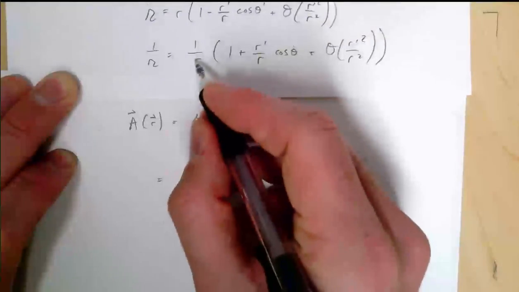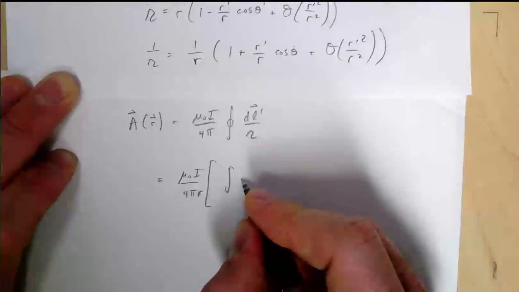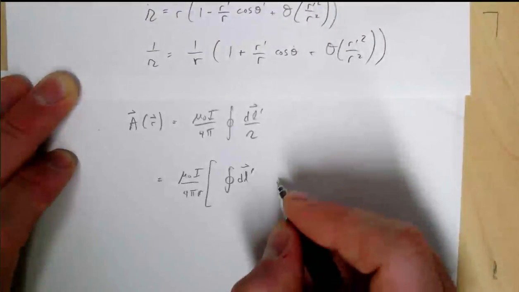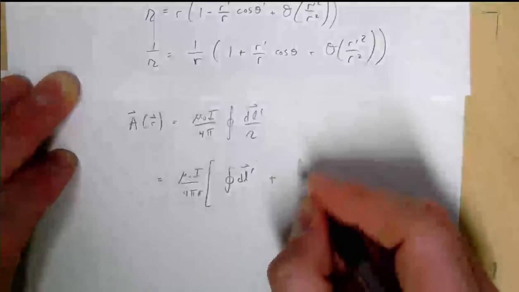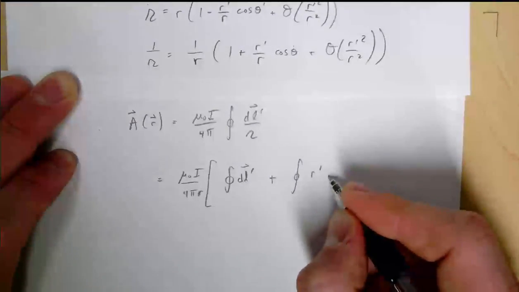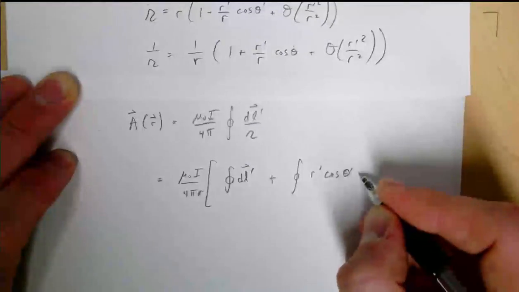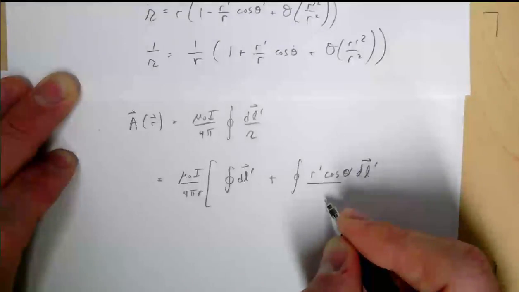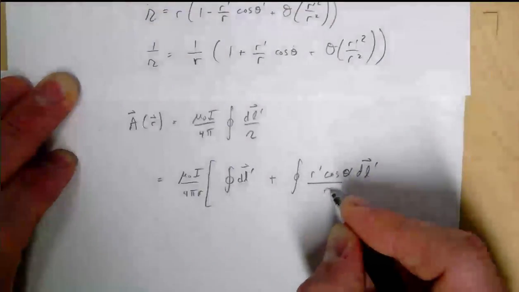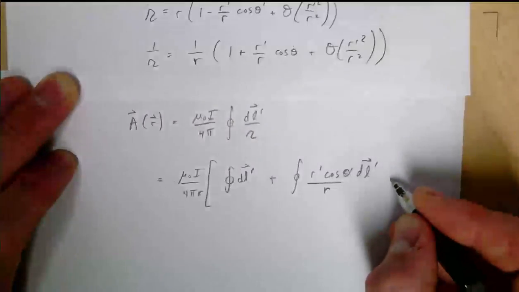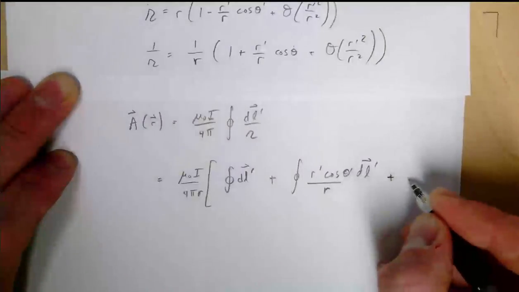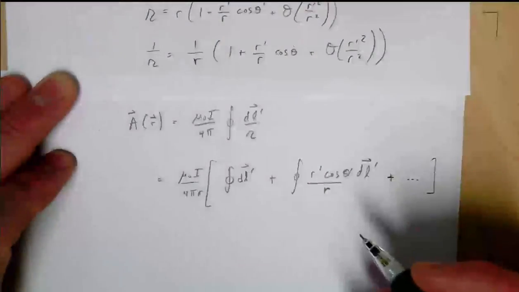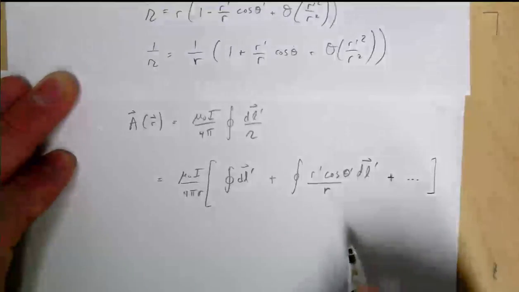This r is not a part of the r prime integral, so I'm just integrating over my dl primes, a closed loop. Then I'm going to add to that the integral of r prime cosine of theta prime dl prime, divided by r squared. I'm putting it in this suggestive way to make it look reminiscent of the multipole expansion of what we did for V.